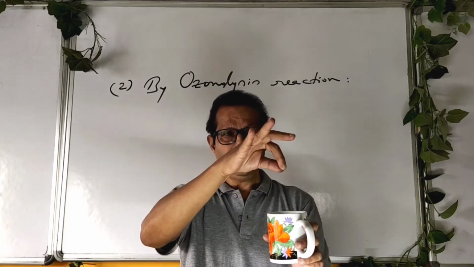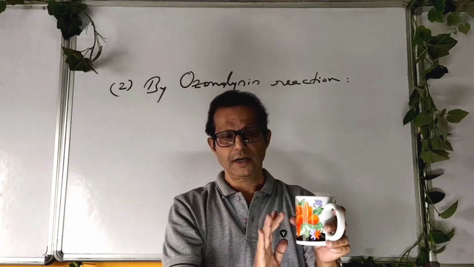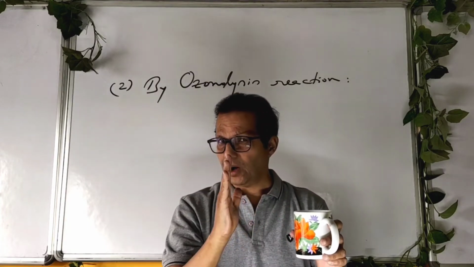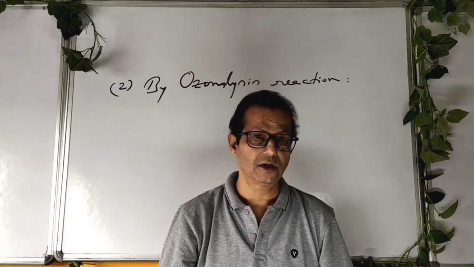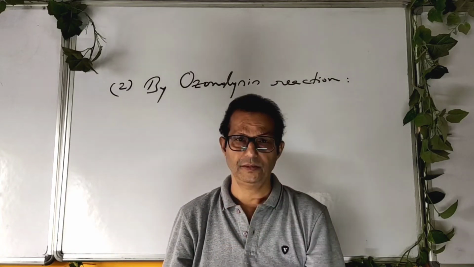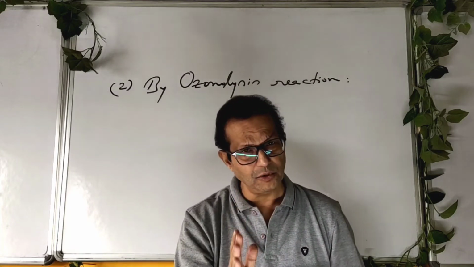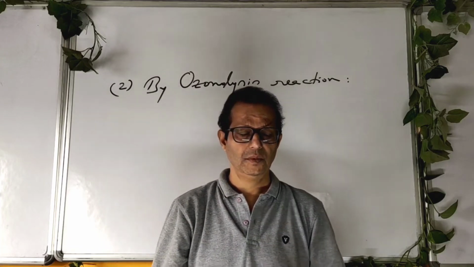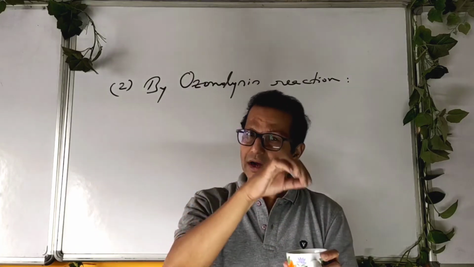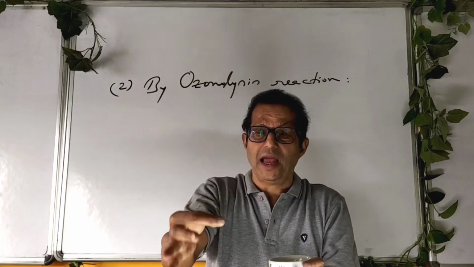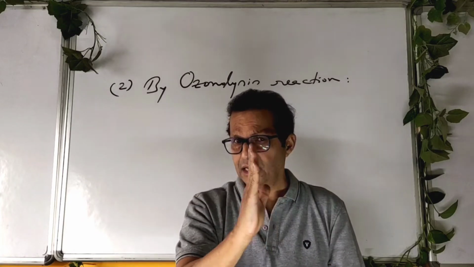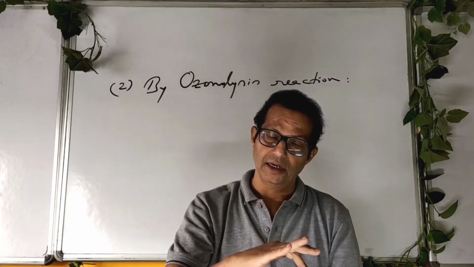Now when you add ozone, we get one intermediate product called ozonide, that is unstable and short-lived. Further, after some time, add zinc and a little bit of water.